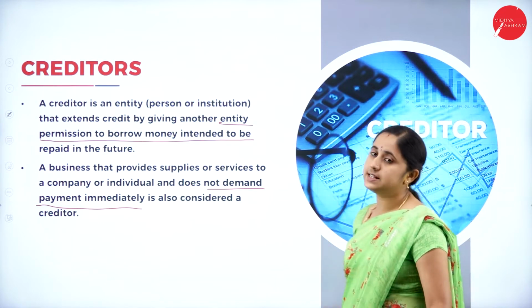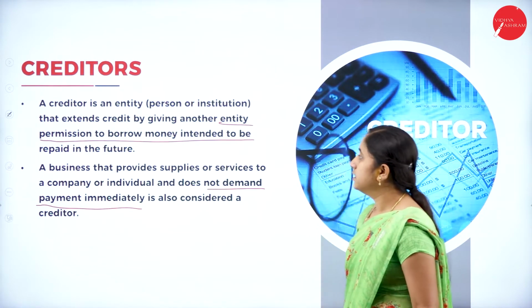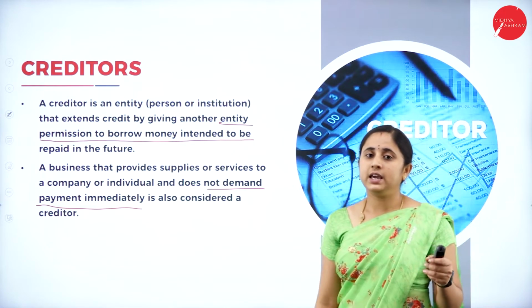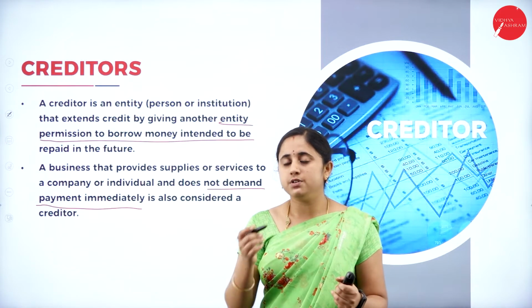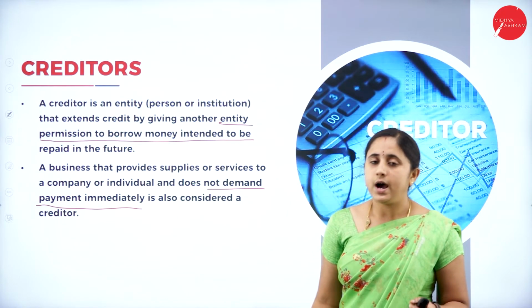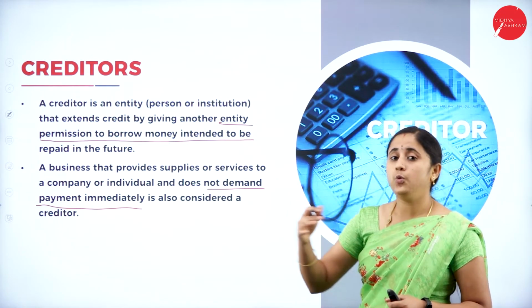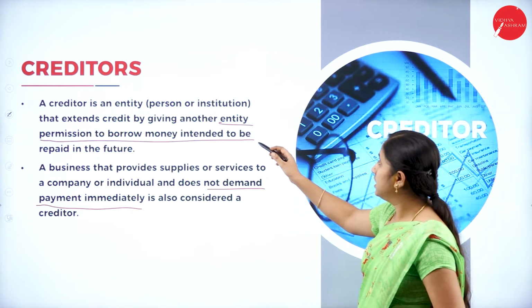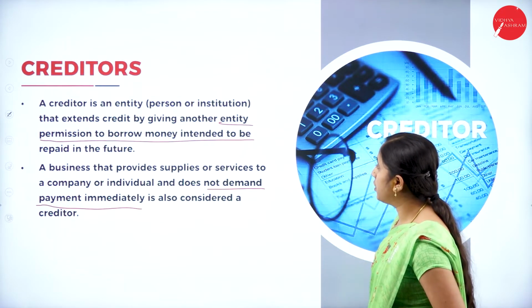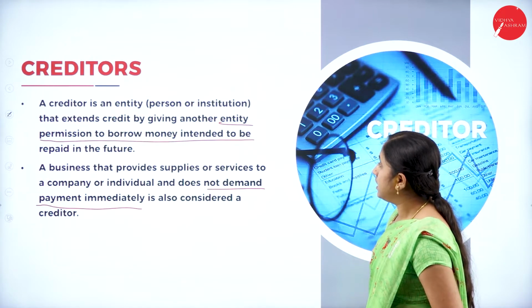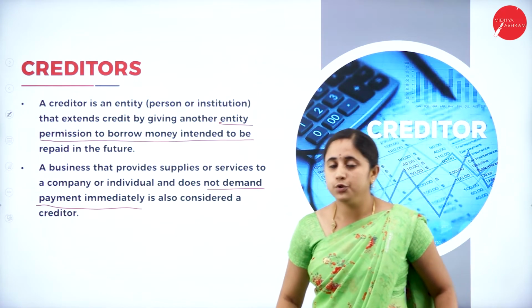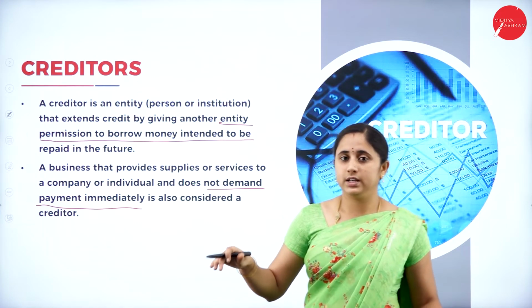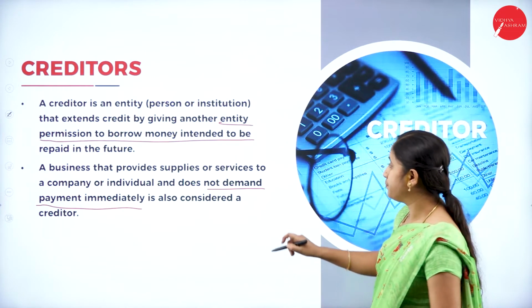That means one entity gave permission to another entity or individual to borrow money intended to be repaid in future. So, he is going to pay in future. They will not demand it immediately.